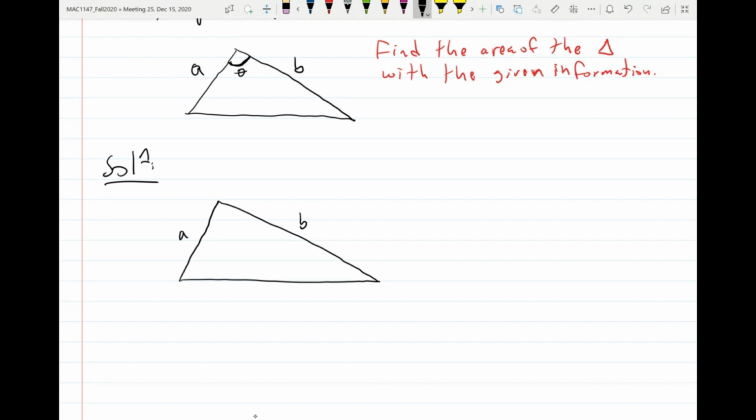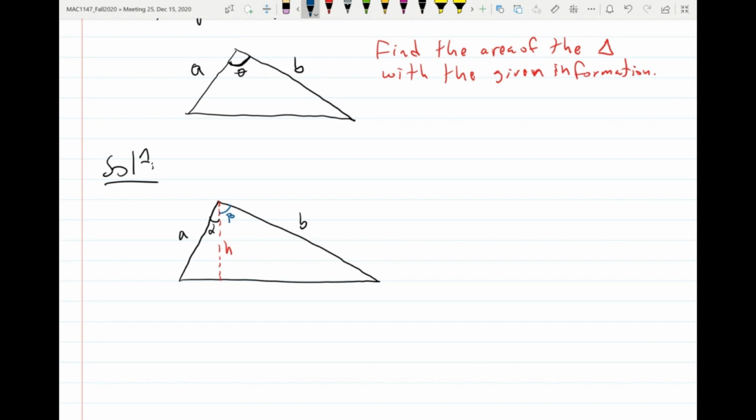And then this angle is gonna be theta, but what I'm gonna do is the following. I'm going to draw, of course, the height of this triangle corresponding to the angle theta, but instead of saying theta, I'm gonna put two angles here. I'm gonna put the angle alpha, and then I'm gonna put here the angle beta.